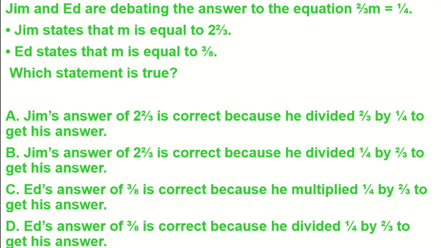Which statement is true? So basically you have to decide who's correct and then what type of math. Yeah, sorry, this one had to get a little tinier to fit.